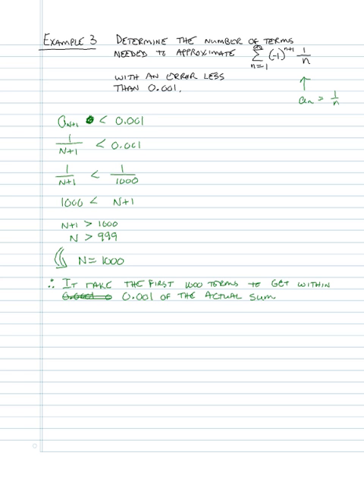So I guess we could use our calculator to do this. We could also use something like Maple. We'd have to add up the first 1,000 terms to get as accurate as we want. That's a lot of terms. This thing converges very slowly.